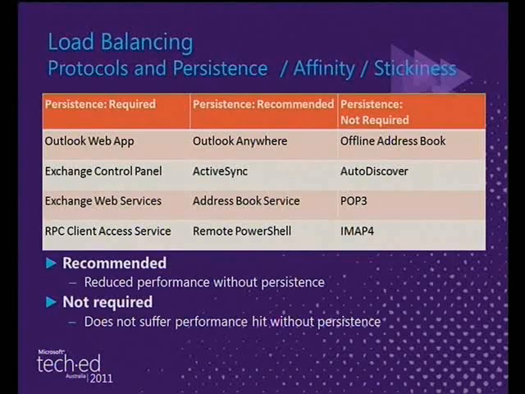In these cases, if we do not turn on persistence and have a valid persistence method defined, we will actually see client disconnects, client timeouts, random error messages generated on the clients. So for OWA, ECP, RPC CAS, probably the most common, and Exchange Web Services, we're required to have a persistence type defined on our load balancer just to provide the functionality to our clients.